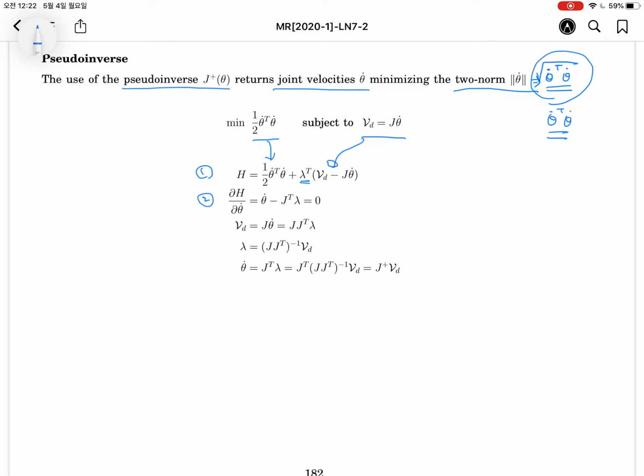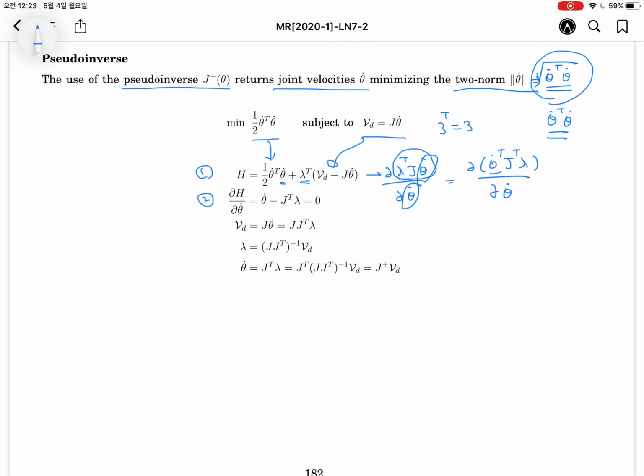The second step is the differentiation. Round h round theta dot will be equal to theta dot, which appears 2 times, so the one half will be cancelled out. And here, lambda transpose J theta dot, differentiated round theta dot. The column vector cannot be differentiated with the column vector, so we will take the transpose operation: theta dot transpose J transpose lambda.